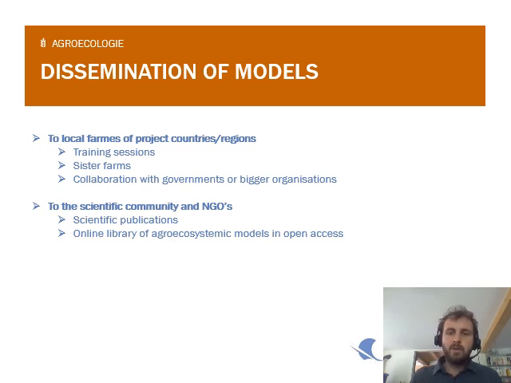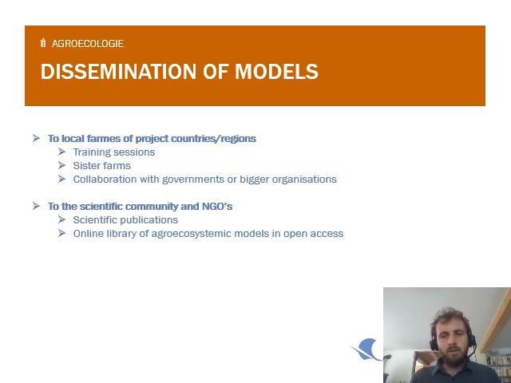This is firstly through the training sessions that we do on the mother farm, but it's also through the sister farms that we have a dissemination, and through the collaboration with government or bigger organizations with whom we can share the results if they want to do a similar project of dissemination.